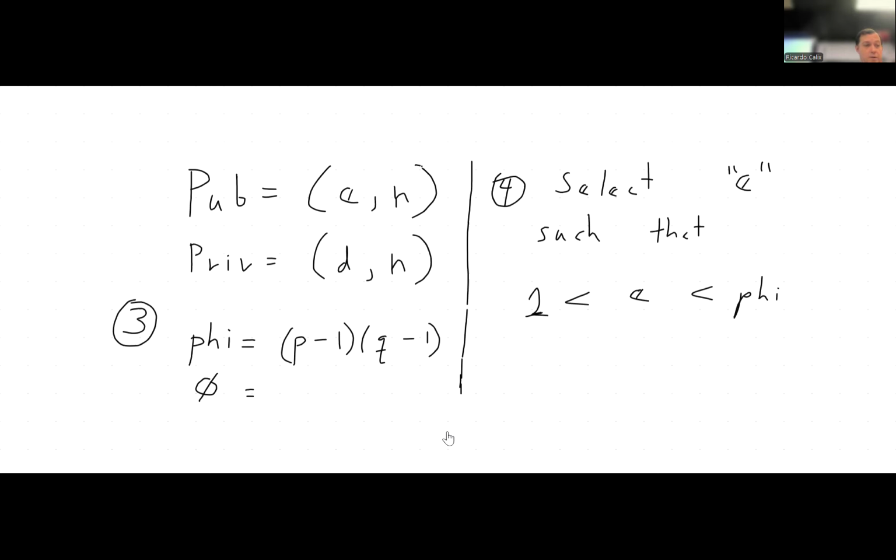And there are other conditions for now, such as something called GCD. You already know what GCD is, actually. We will do some exercises on what that is, and then I'll show you how to more robustly obtain the value. Sometimes e is called the encryption exponent.